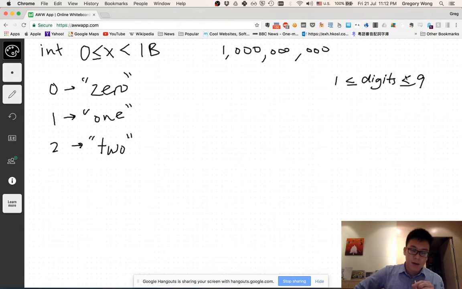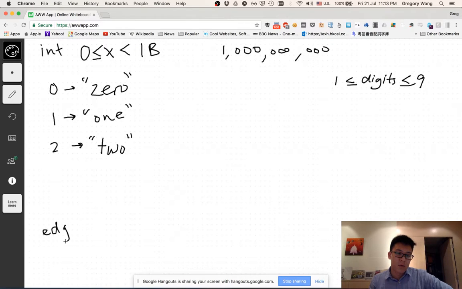I'm going to look at the edge cases later, like special numbers.